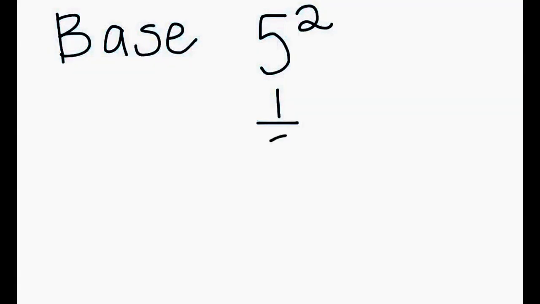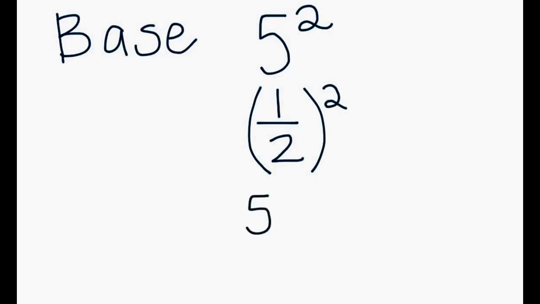Okay, so the base, like I told you, was 5, but the base could also be a decimal, or it could also be a fraction. So earlier I had 5 to the second power, and 5 was your base. I could have 1/2 to the second power, where 1/2 is your base here, or I can even have 5 and 1/10 to the second power, and 5 and 1/10 would be your base.